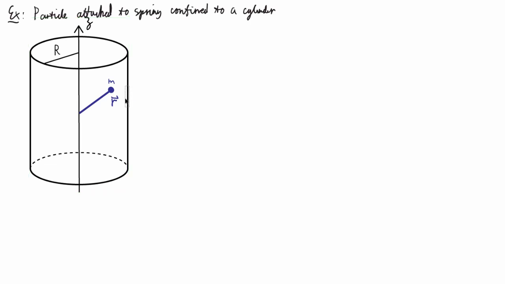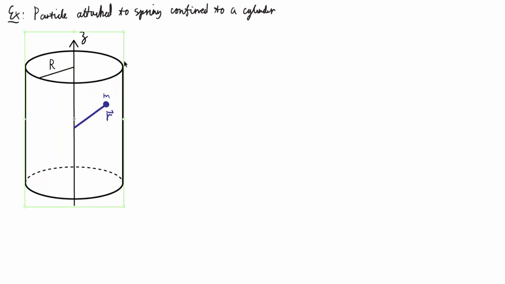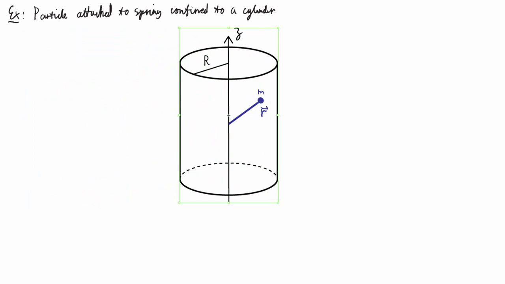We have a cylinder here of a fixed radius r. Put it over on this side. And there is a mass here that can only move on the outside surface of the cylinder, and it's attached now to the center of the cylinder through this spring here. Okay, so it has spring constant K.